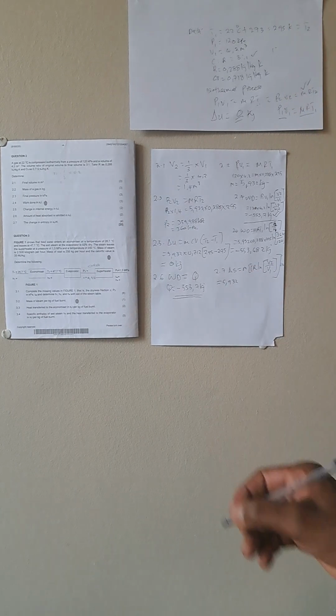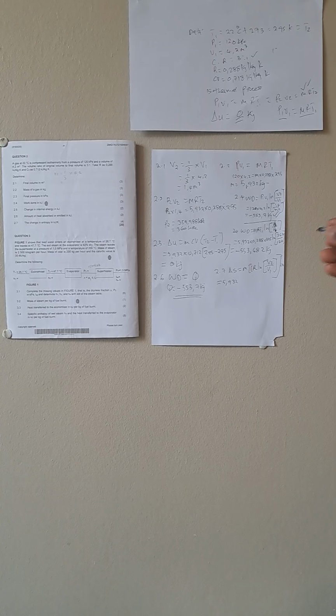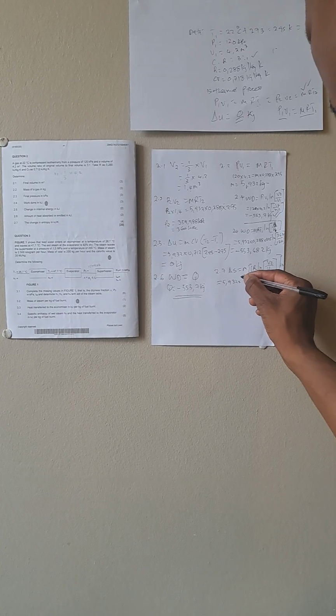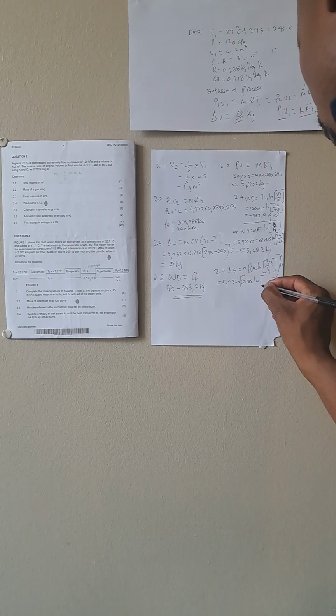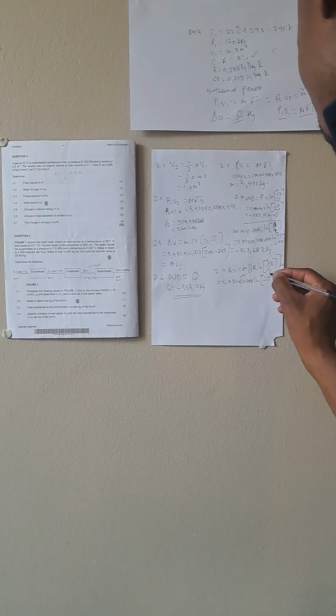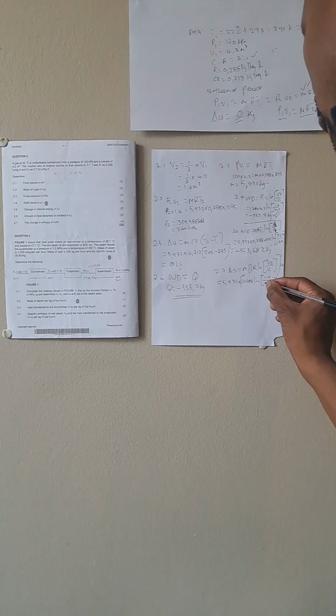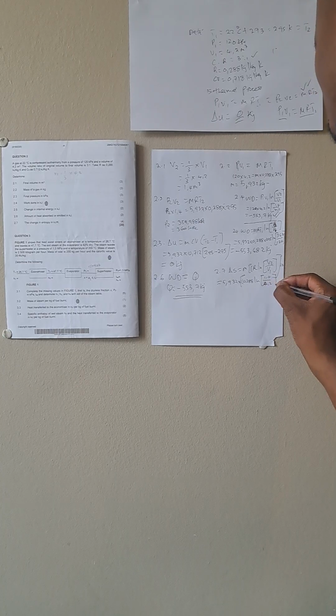So let's substitute. Our mass is 5.932 times 0.288 ln of our V2, which is 1.4, over our V1, 4.2.